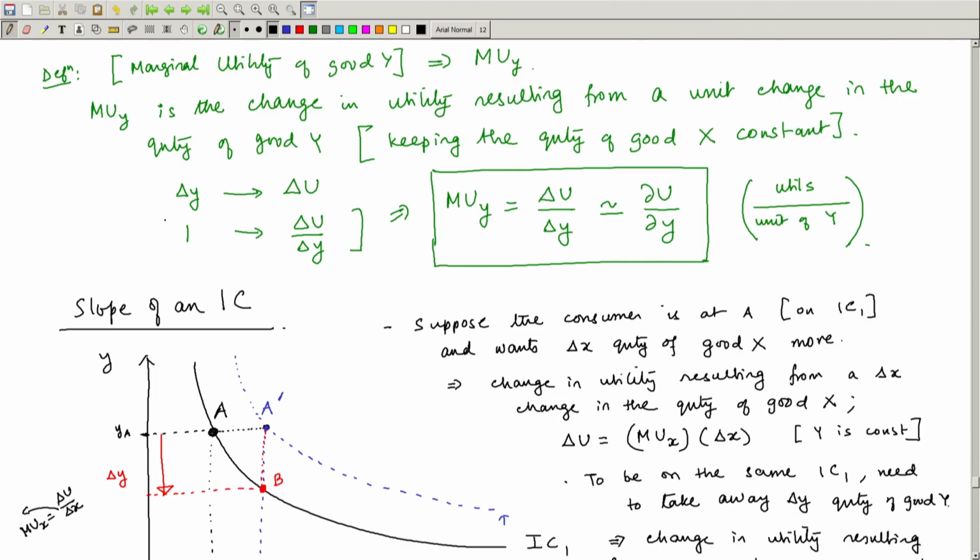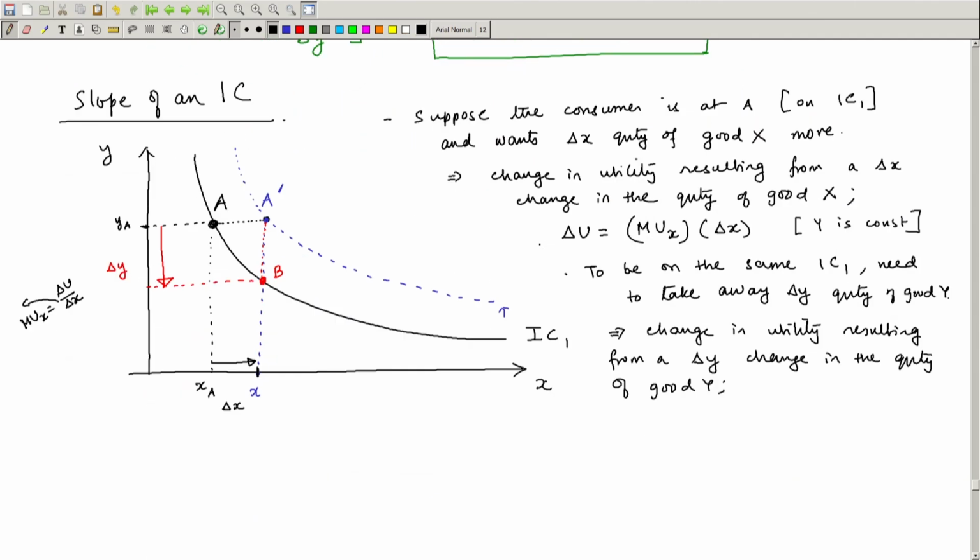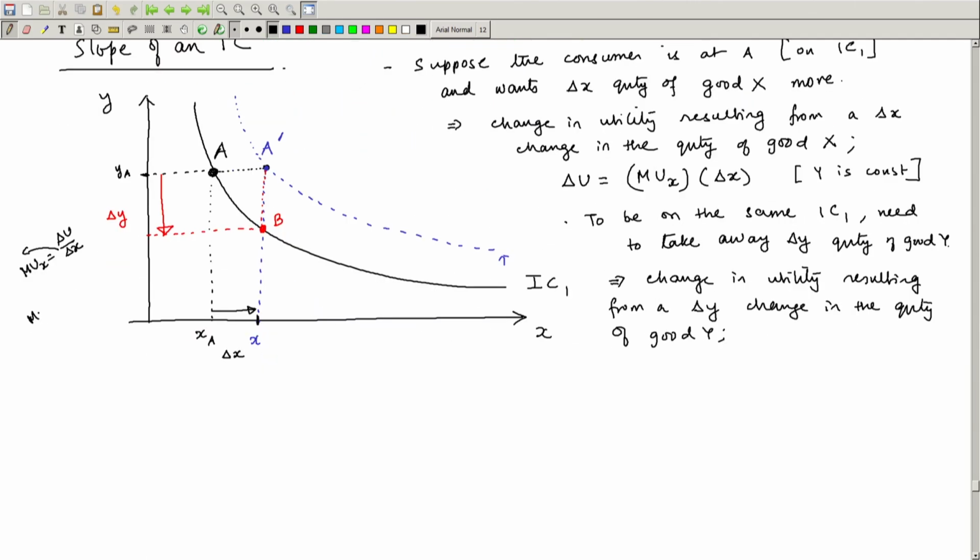MUy: a delta y change in quantity of good y leads to a delta u change in the utility. So, MUy is delta u upon delta y. Since these are discrete changes, I can write the delta u as MUy times delta y, and when I did that, x is constant.